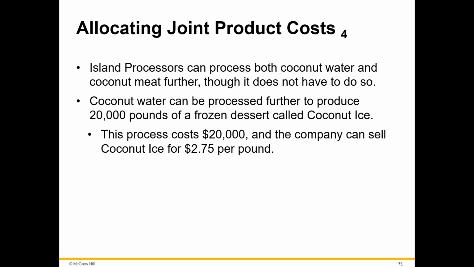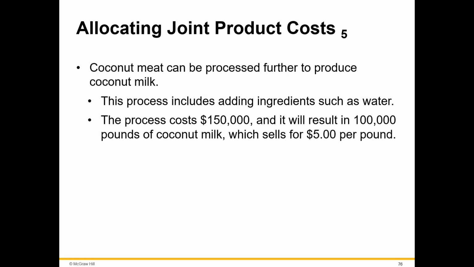So we can process our coconut water further to make coconut ice, which costs $20,000, but we can sell coconut ice for $2.75 per pound. We can also process the meat further to produce coconut milk, and that costs $150,000, but will result in 100,000 pounds of coconut milk, which sells for $5 per pound.